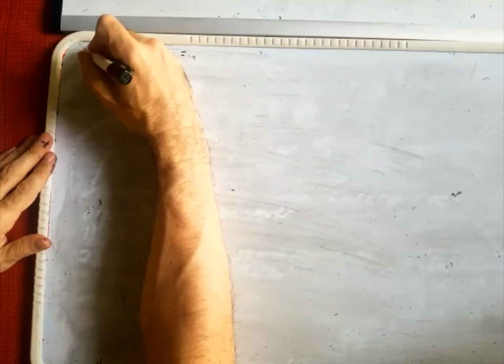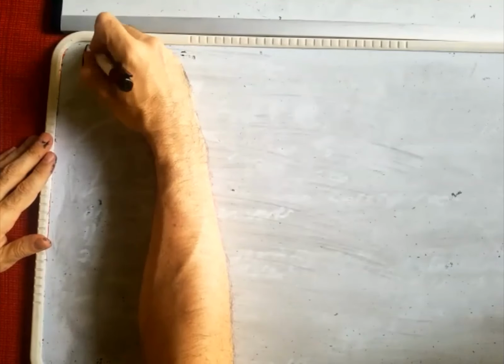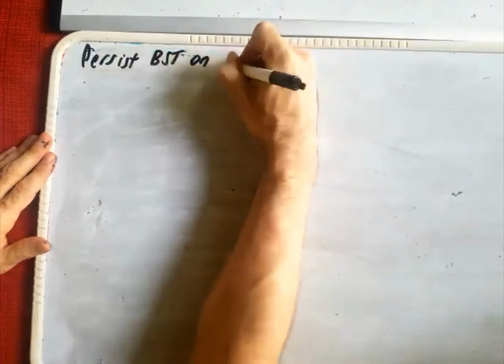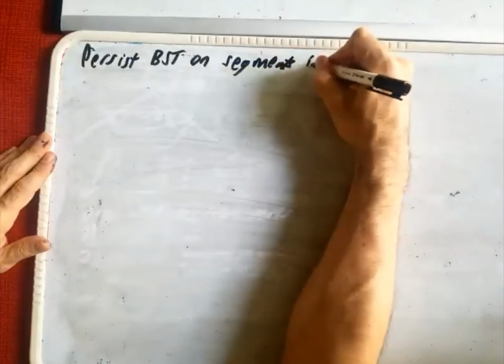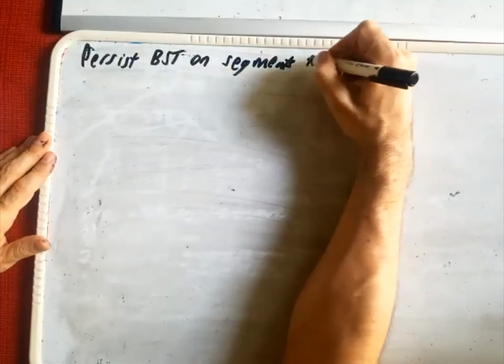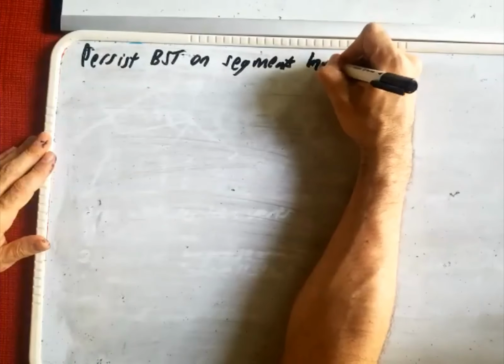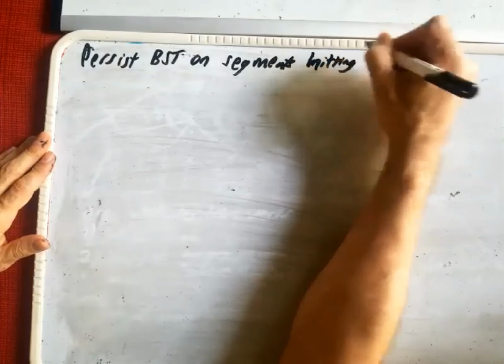So what we're going to do is use a persistent binary search tree on the segments hitting the sweep line. Right?